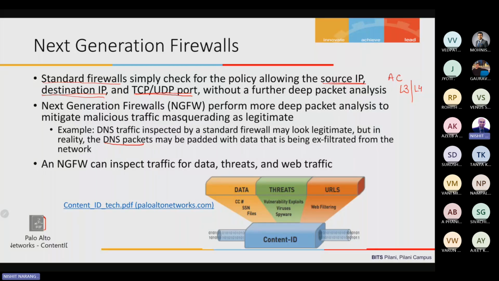Attacks have advanced to make use of legitimate packets, for example DNS packets, and pad these packets with additional data that belongs to the enterprise and is intended to be exfiltrated from inside the enterprise to some outward entity. So standard firewalls are unable to protect against these kinds of attacks where legitimate packets are padded with confidential data to exfiltrate it outside the enterprise.